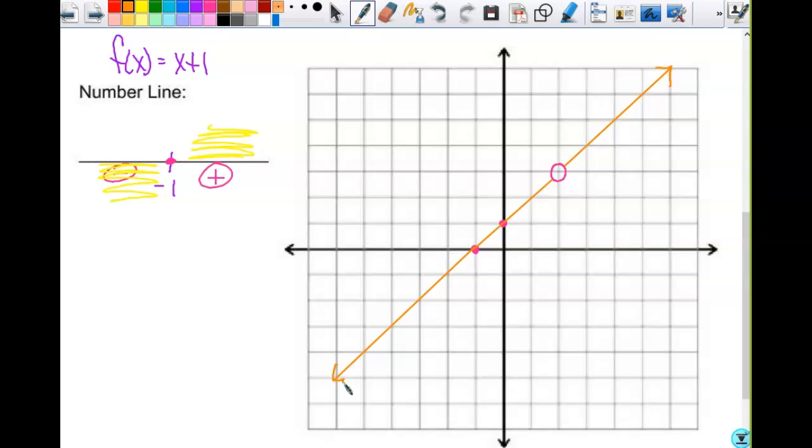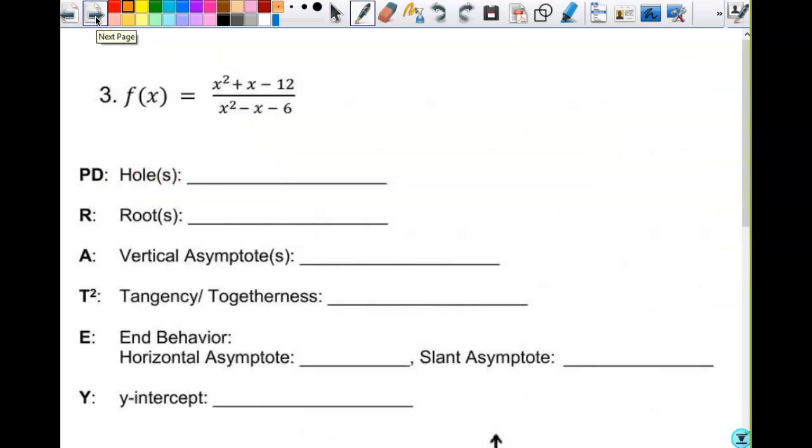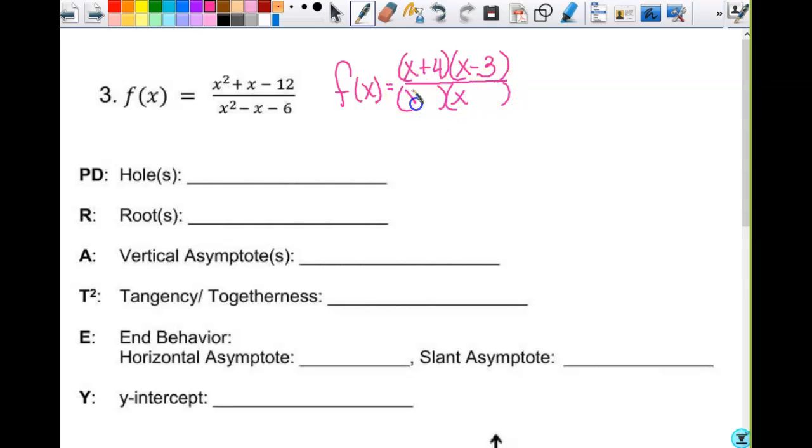Alrighty, then let's look at the last one. I'm going to factor. So f of x equals, I'm going to have to factor the numerator, get x, positive and negative, so +4, -3, x and x, I have a +2 and a -3.